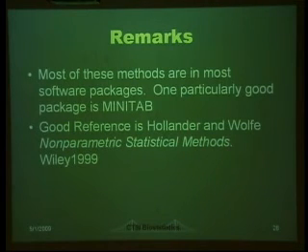If you want a good reference that's relatively easy to read and has every table and every non-parametric method in the world, there's a book by Hollander and Wolfe called Nonparametric Statistical Methods. It has a lot of examples, and the theory is kind of in footnotes, so you don't need to know it, but you can look at the examples. If you're a baseball fan, there are some nice baseball examples in there about running bases and things like that.